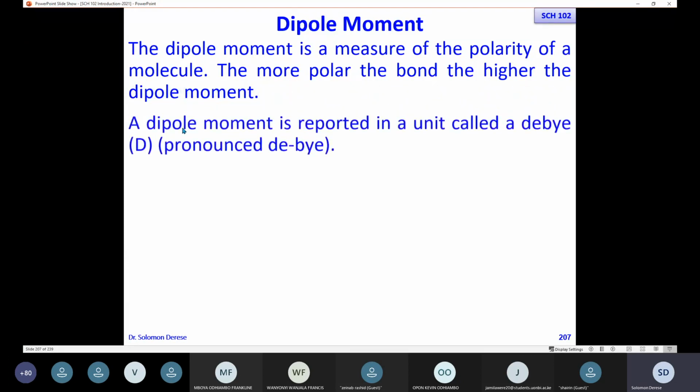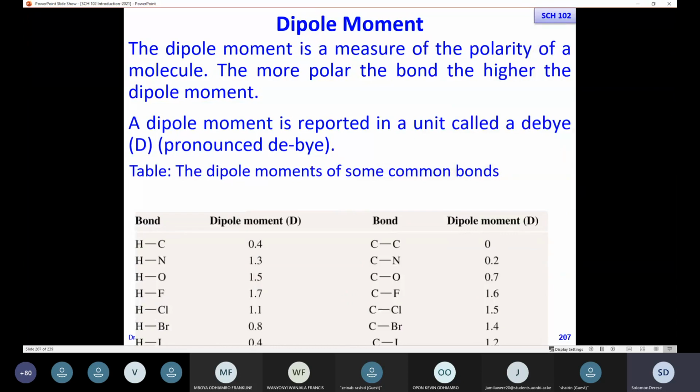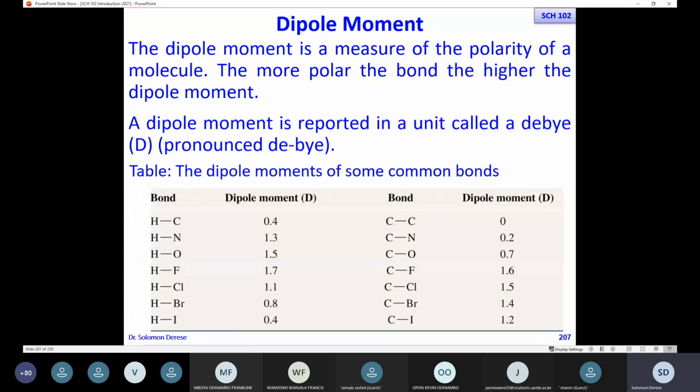The dipole moment is measured in units of debye. So we can say the dipole moment of this bond is 1.1 debye, it is 2.5 debye, etc. So let us see the dipole moment of some common bonds.